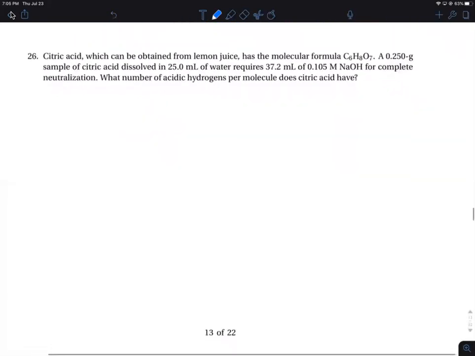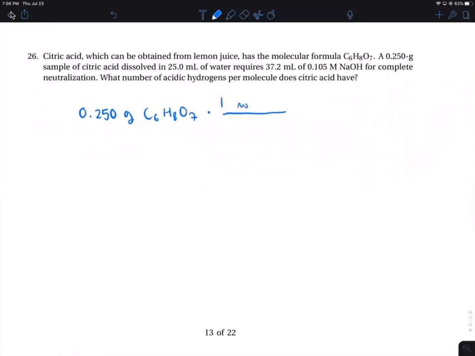Now for number 26. Citric acid has this molecular formula, and we're told we have a 0.250 gram sample of it. Let's start with what we know. We have 0.250 grams of C6H8O7, which is citric acid, and then we can convert that into moles by dividing by its molar mass, which we can find.